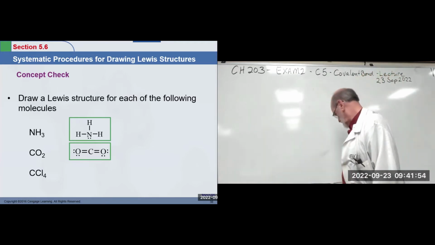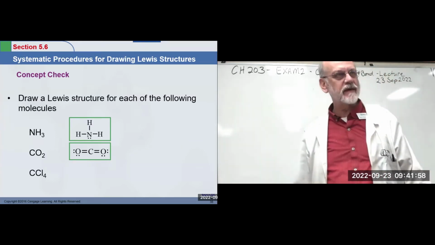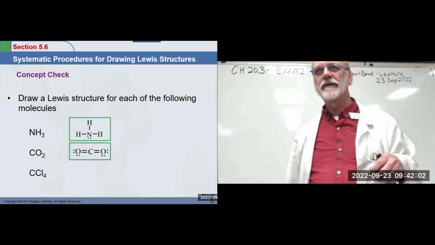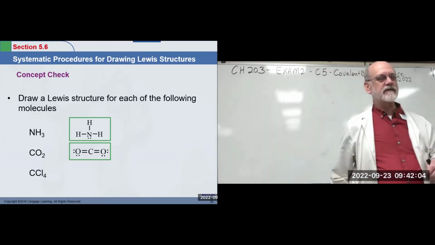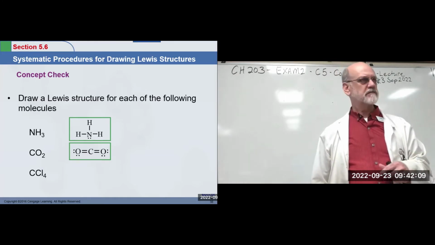But OSHA, Occupational Safety and Health Administration, and the EPA, Environmental Protection Administration, decided that carbon tetrachloride was too dangerous. They had some evidence to believe that.